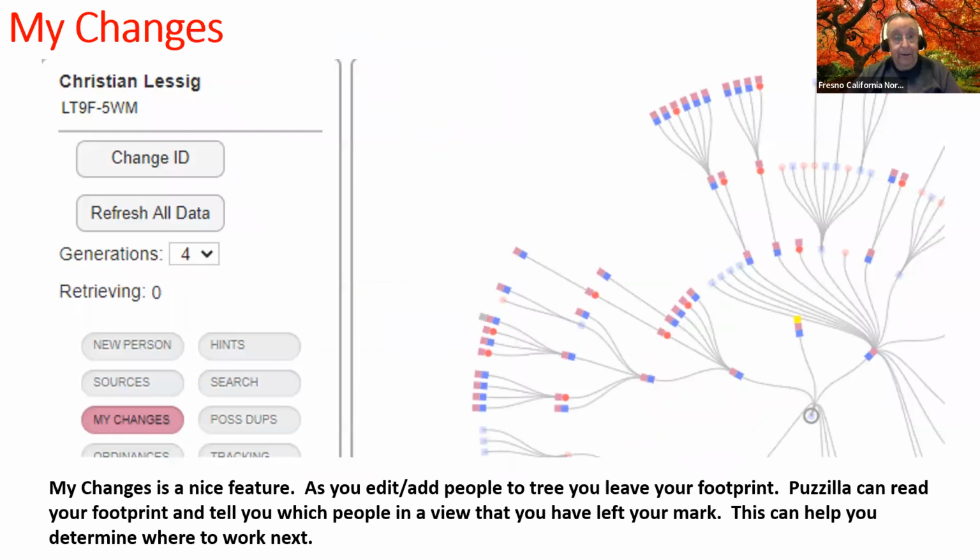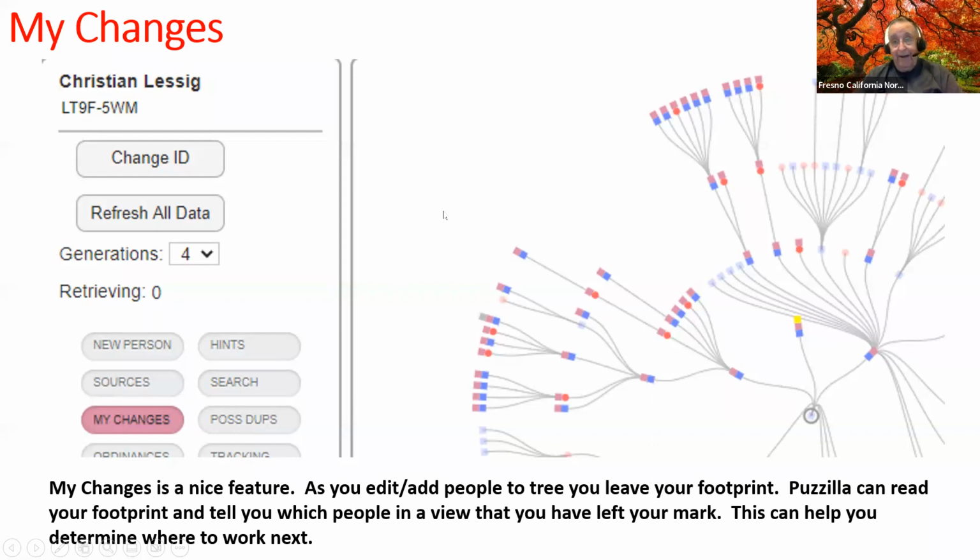Okay, another feature, and one that I absolutely love, if you've ever worked in anywhere in Tree and you had trouble keeping track of where you've been, like say you're doing a descendancy of this person here that's got this circle, and you need to quit today and come back tomorrow, how are you going to know where to go? Well, there's a neat feature. One of these filters is called My Changes.